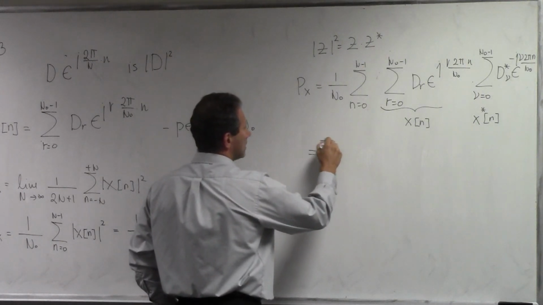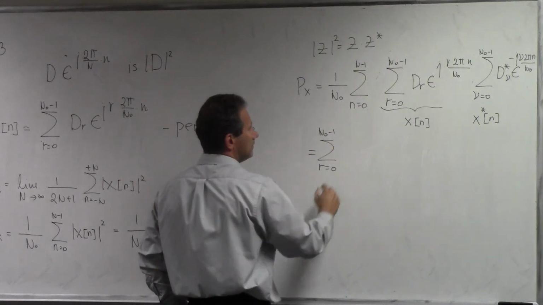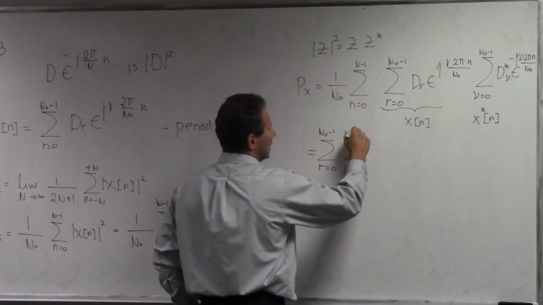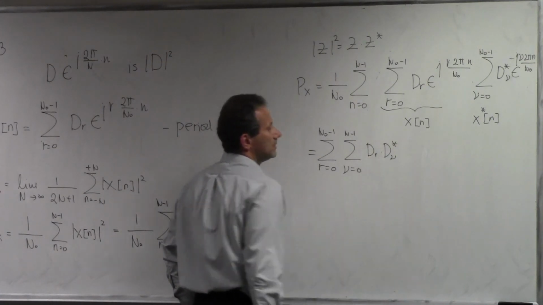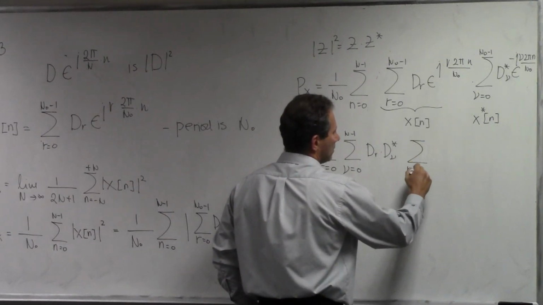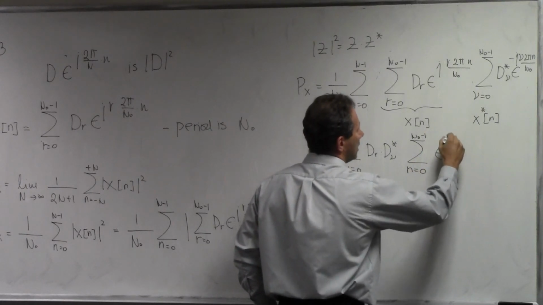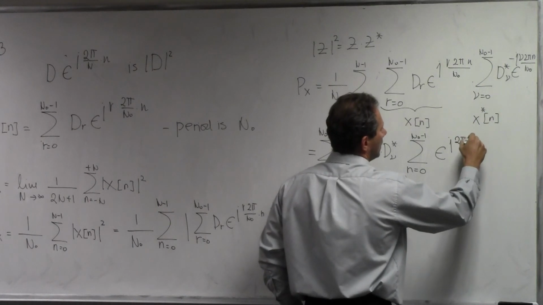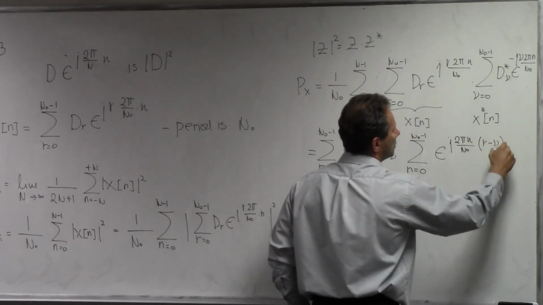So it becomes the sum when r goes from 0 to N0 minus 1, and then the sum when nu goes from 0 to N0 minus 1, of d_r times d_nu complex conjugate. And then I have an interesting term here: the sum when n goes from 0 to N0 minus 1 of e to the j 2 pi n over N0 times (r minus nu).